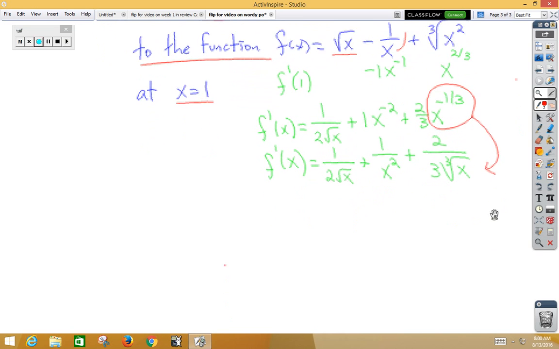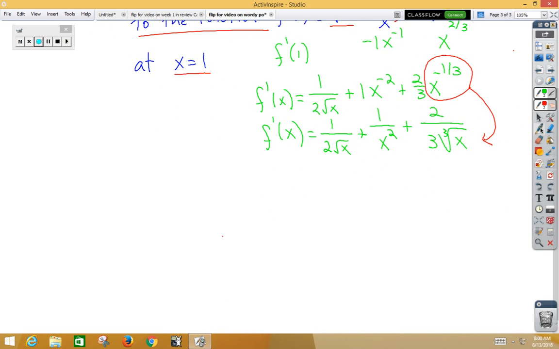Now, let's go ahead and plug in that 1. So if I have f prime of 1, that's going to be 1 over 2 square root of 1 plus 1 over 1 squared plus 2 over 3 cube root of 1.